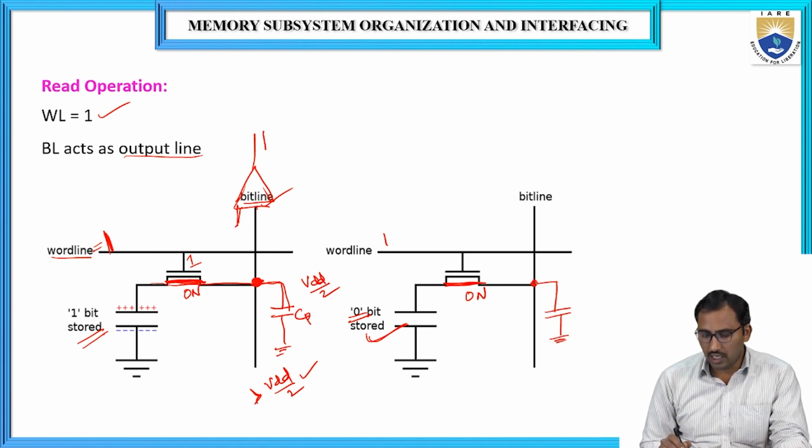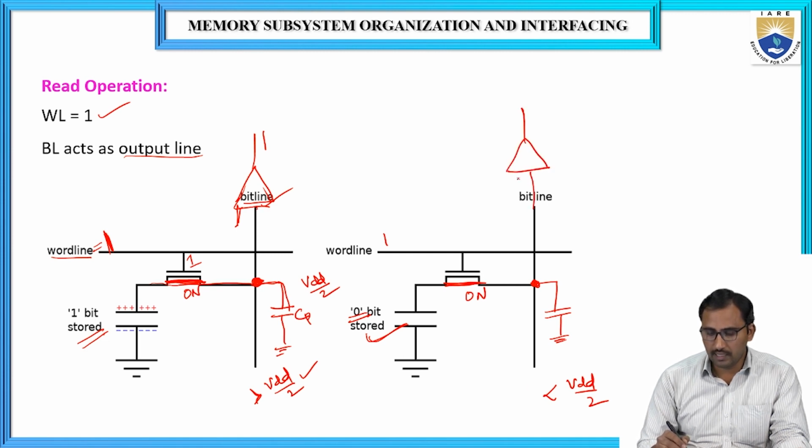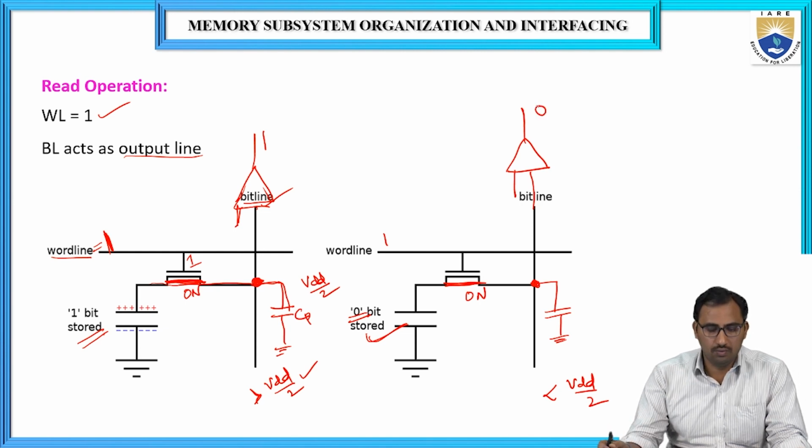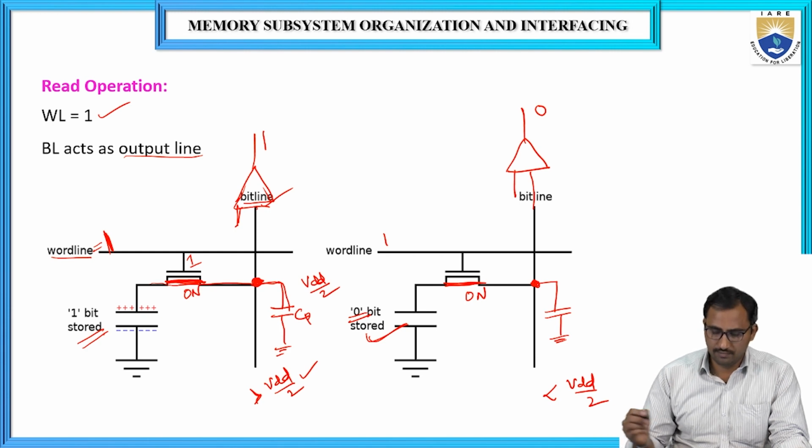Then the voltage at the bit line will drop to less than VDD by 2. The bit line is given to the sensing amplifier, and the sensing amplifier output will be 0. So in this way we can read the data present in the DRAM cell.